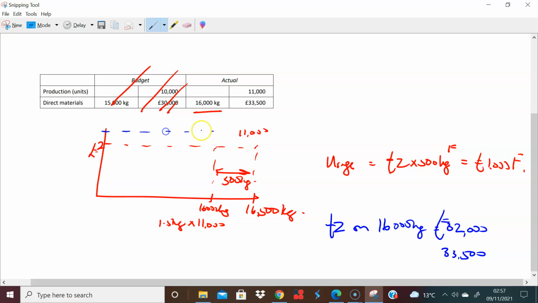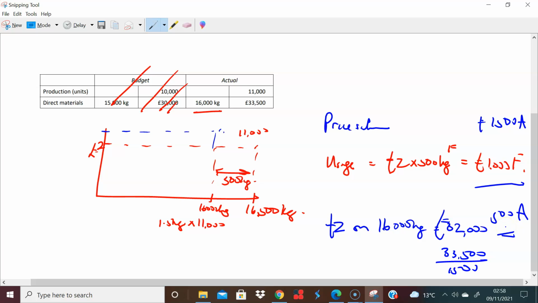So you spent an excess of £1,500. Your price variance is £1,500 adverse, and that's why we have a net figure of £500 adverse as your total variance. The next step is discussing why we have this.